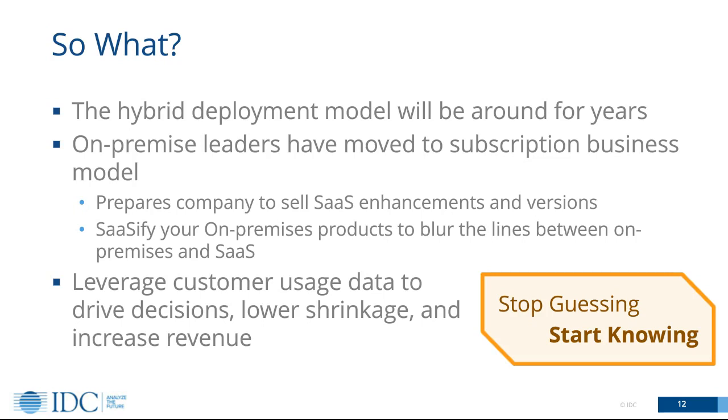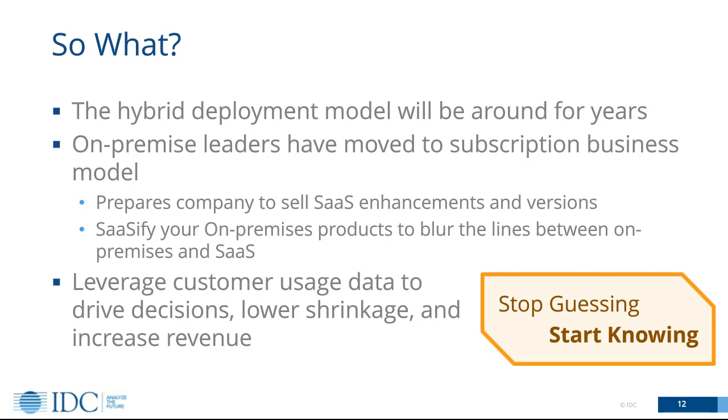And so the earlier you can make that change, if SaaS is in your future or subscription is in your future, the better. And then when you're doing that, if you've got a lot of on-premise customers, those are great. Those are customers that you have. You want to start SaaSifying your on-premise products, so you can blur the lines between your on-premise and your SaaS features and customer experience. So you welcome that customer into your other feature sets and your other products.